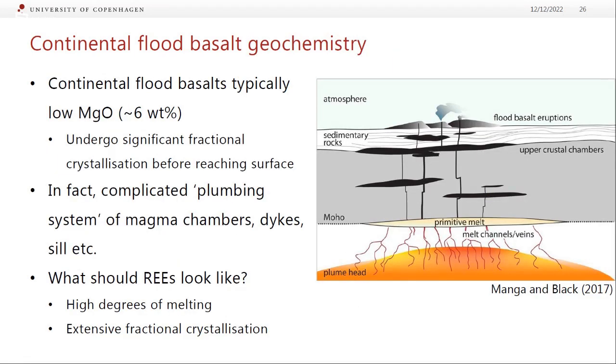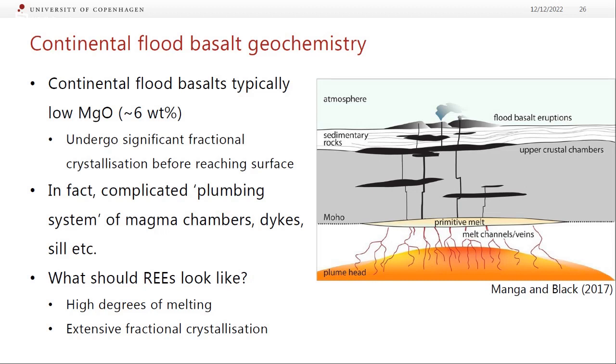All right. When we look at continental flood basalts, they're typically quite low in magnesium. You'll find some picrites, which are fairly high in magnesium, but a lot of them are about 6 to 8% MgO, so this would be even less than a MORB. What that's telling us is that even though we had all this huge amount of melting, they've crystallized a lot before they made it to the surface.